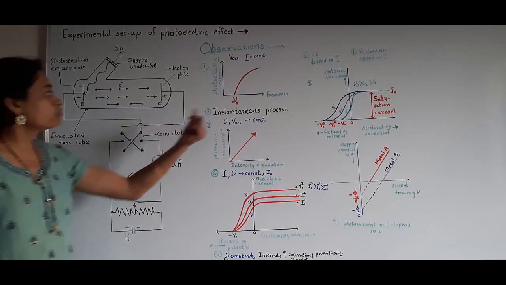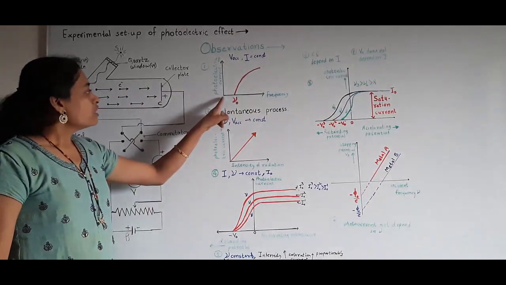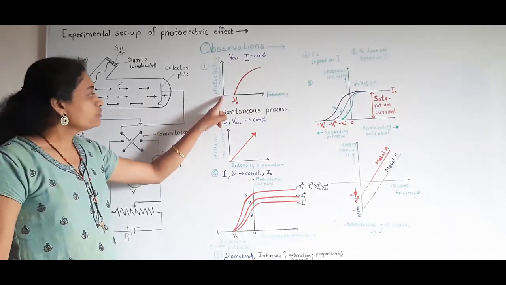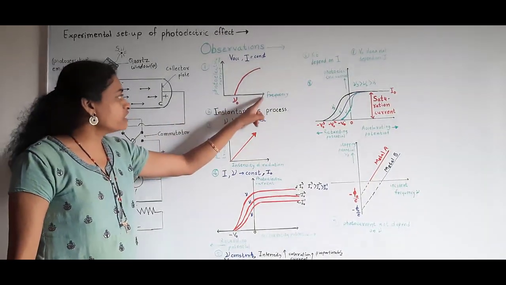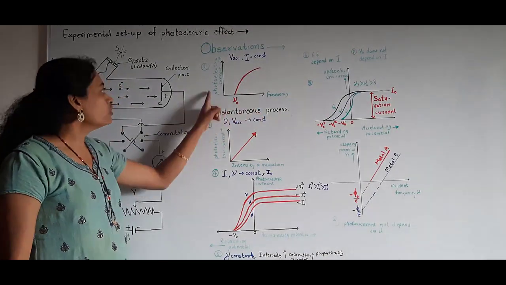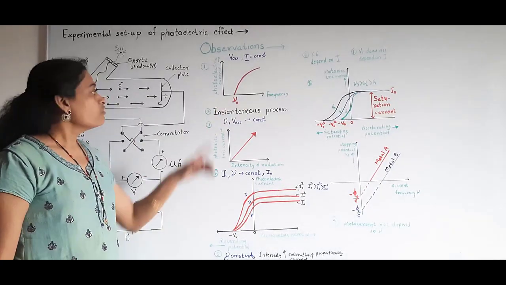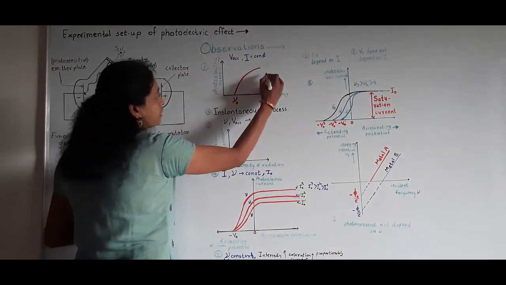And it can be shown by this graph. See, at this portion, the photoelectric current is 0. If we increase the frequency, what happens? The photoelectric current increases. We get photoelectric current when nu is greater than nu 0.